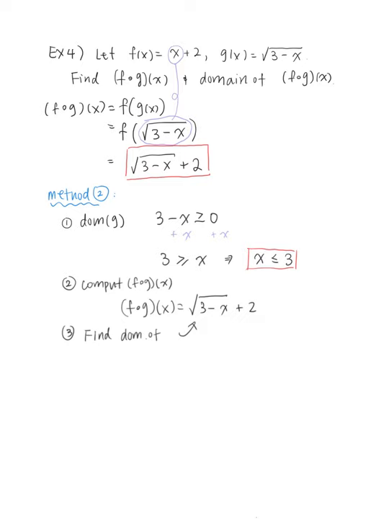So don't complicate your life. What's the only restriction? The only restriction appears in what's in the square root. The argument of the square root must be greater than or equal to 0 all the time, which boils down to the same situation as before, so we get the same answer. 3 minus x has to be greater than or equal to 0, so x must be less than or equal to 3.